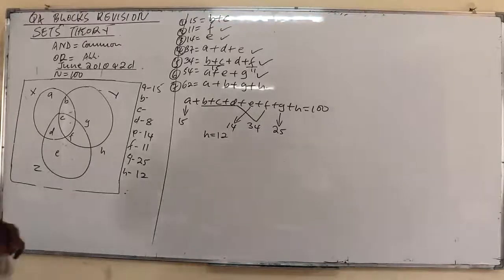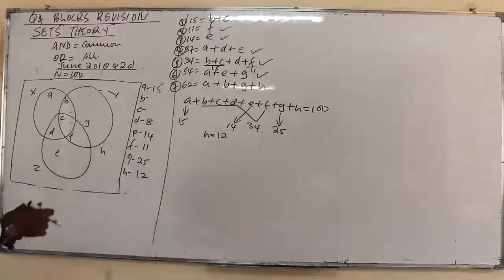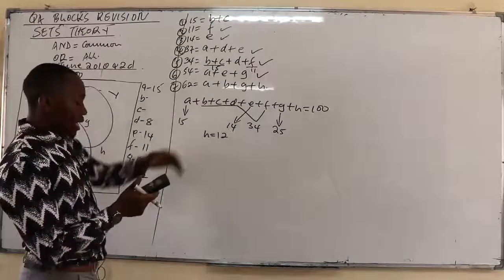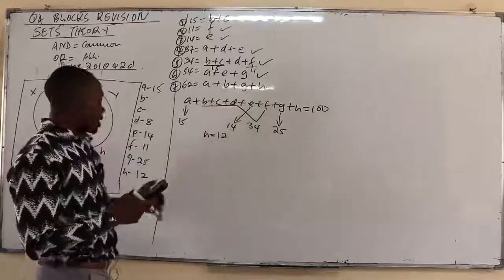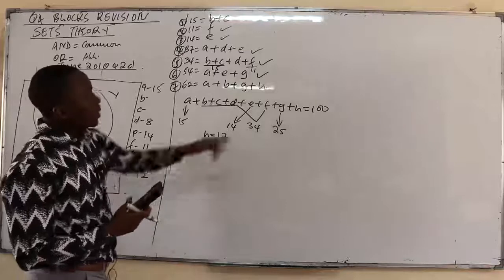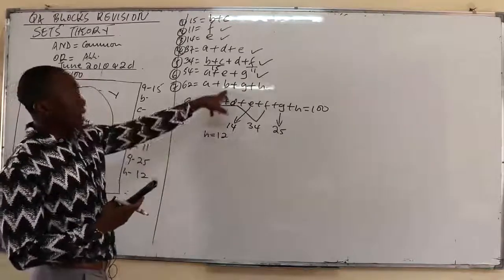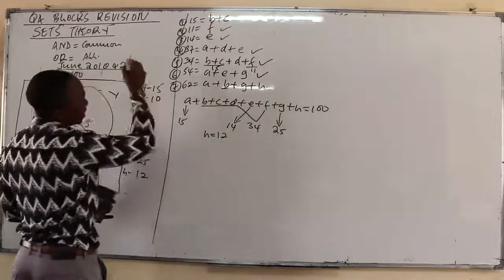If H is 12, now we can substitute in equation number 7. Let's go to equation 7. So you take 62, you minus A, which is 15, you minus G, which is 25, you minus H, and H is 12. So the remaining member is B. That means B is equal to 10.